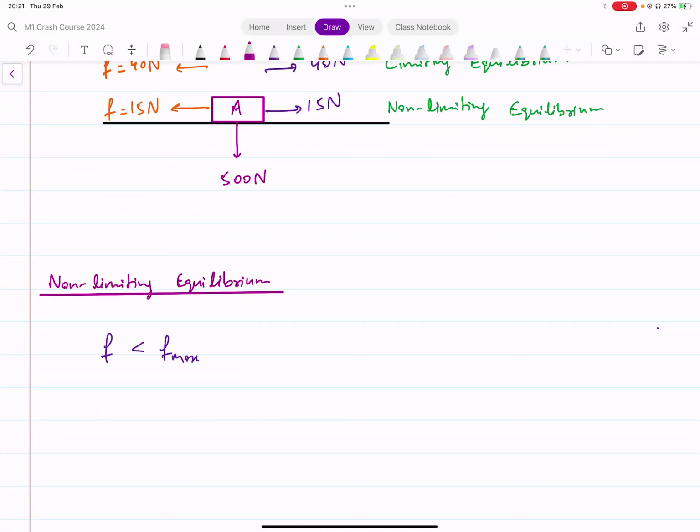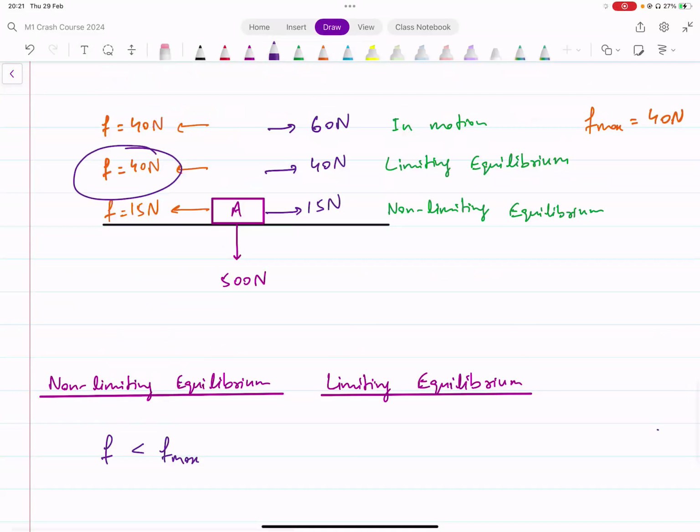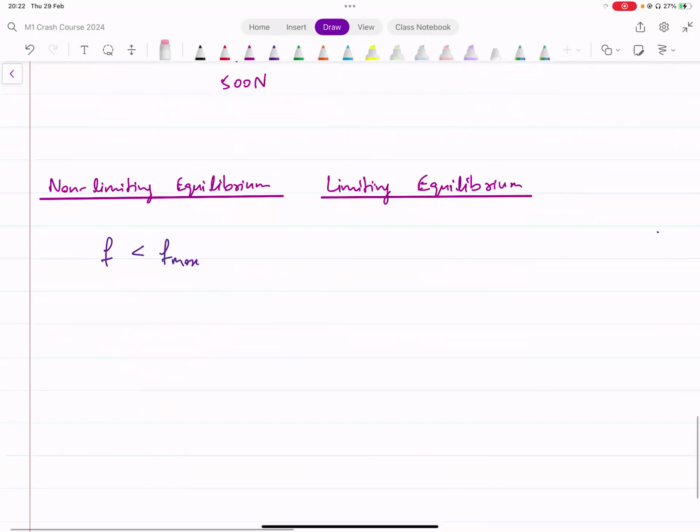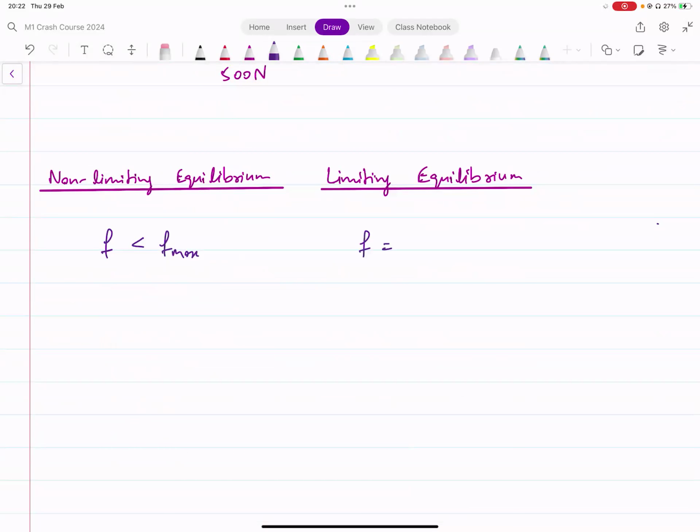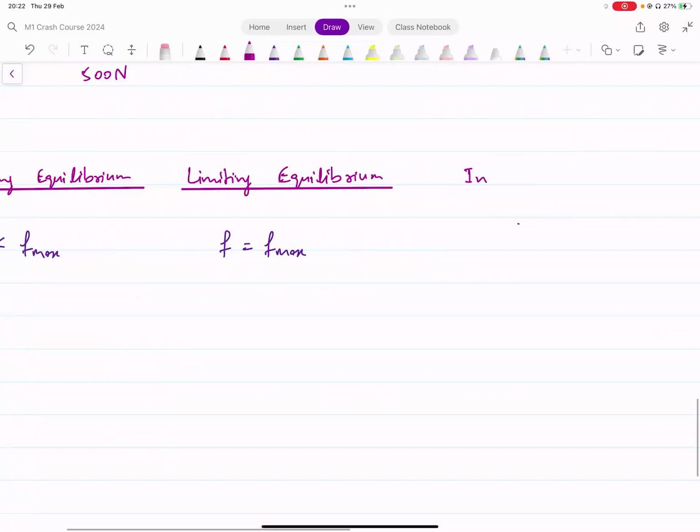In case of limiting equilibrium, you can see that when the equilibrium reaches its limit, the friction is the same as the maximum value of friction. So when you have limiting equilibrium, F equals F max. And finally, when the object is in motion, what about that case?